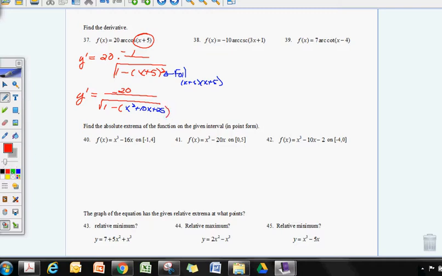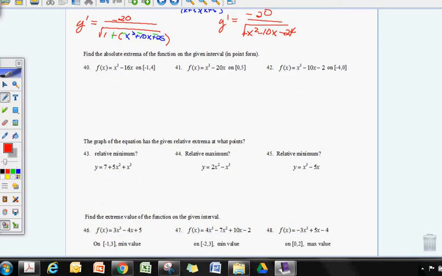And now this plus sign, or minus sign, plus negative, negative, and negative needs to be incorporated. So my final derivative turns out to be negative 20 over the square root of negative x squared minus 10x minus 24 instead. So it's got a little trick to it.